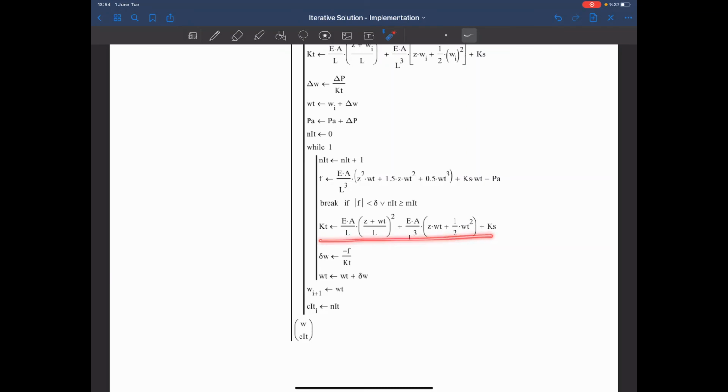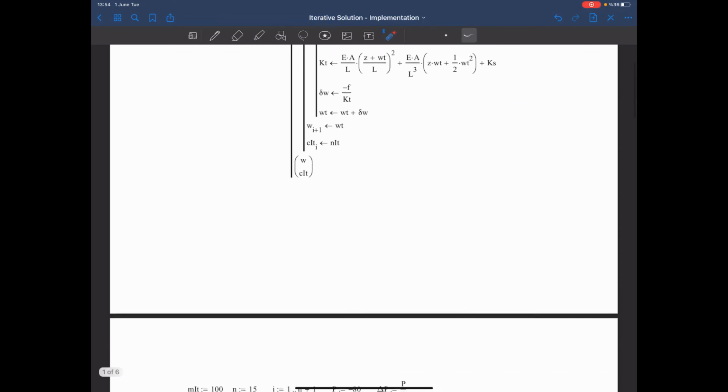So calculate the tangent stiffness, inverted, multiplied with F, you get a better approximation, and then our total displacement will be small delta W plus whatever the displacement that I have. So this iteration continues until F is small enough.